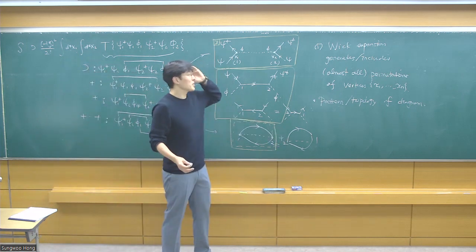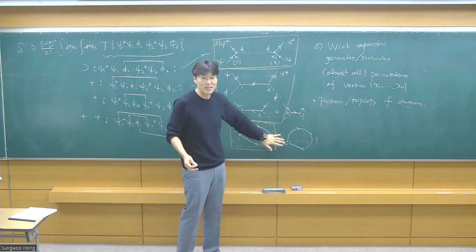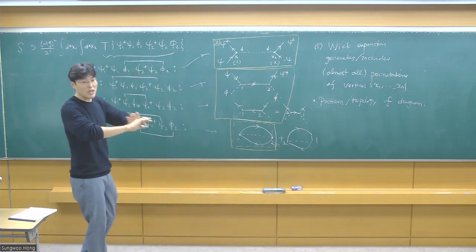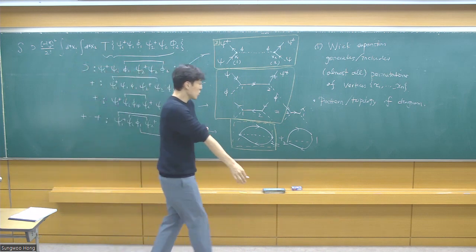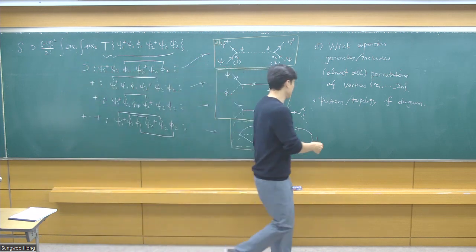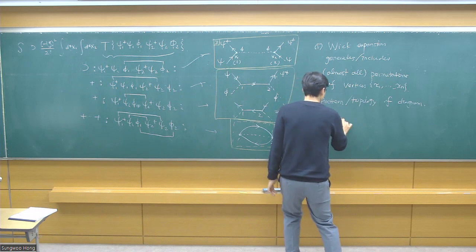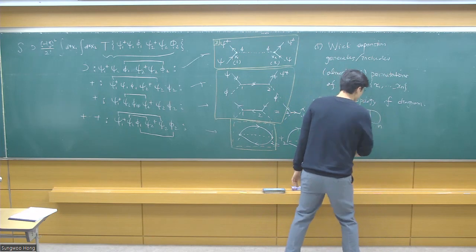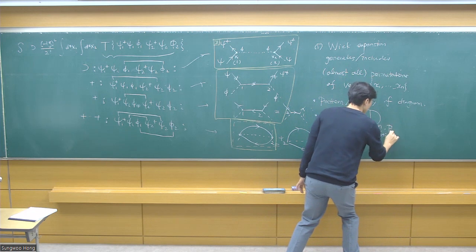You see? So if I naively say, oh, can I get n factorial diagrams? No. Because of this fact, which I will make more precise, we can expect it will not just generate n factorial different diagrams. So in order to make this point right, we will define what is known as symmetry. So let me call a given diagram, here's the notation, the diagram with n vertices with a given pattern.